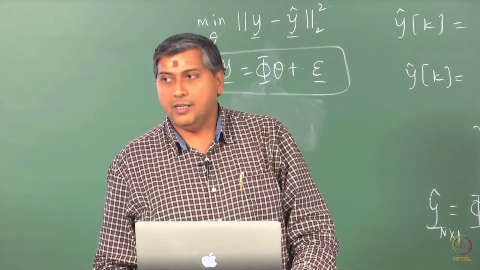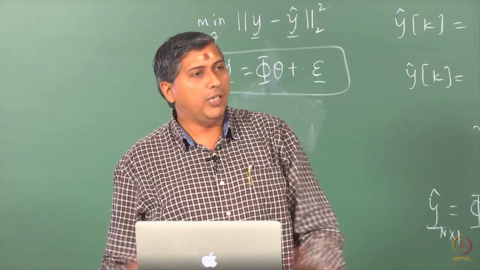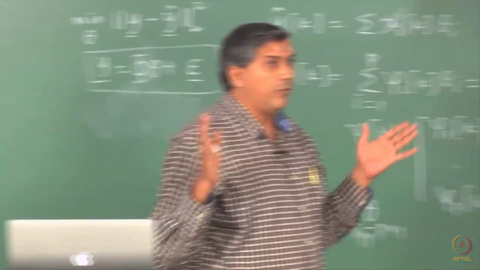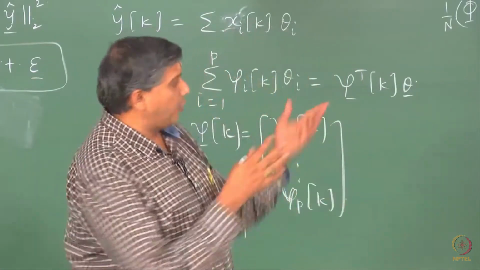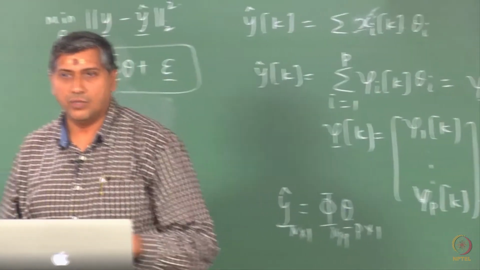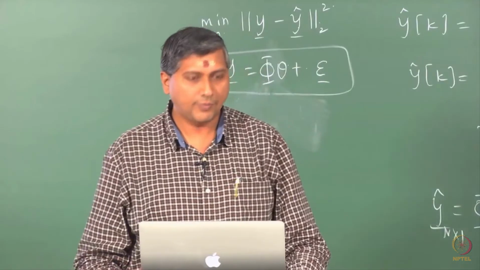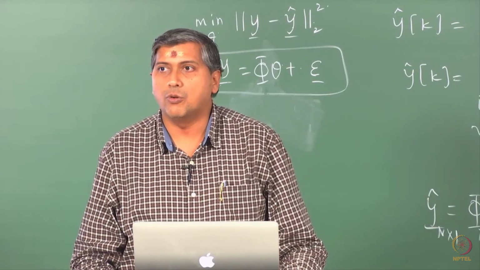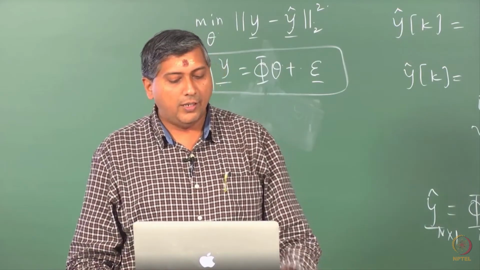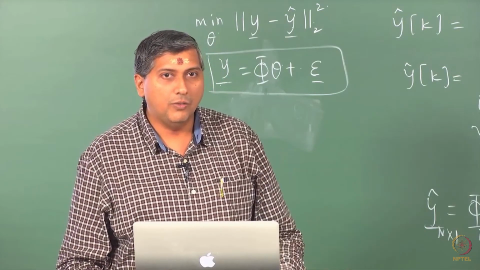All right. So, coming now to the solution, assuming phi transpose phi is not singular, you can now write the solution as phi transpose phi inverse times phi transpose y. This phi transpose phi inverse times phi transpose is called the left pseudo inverse of phi.